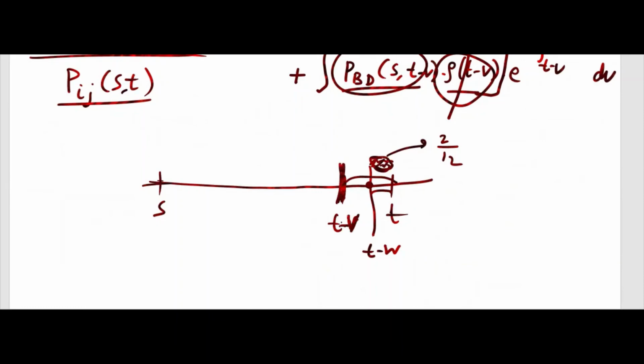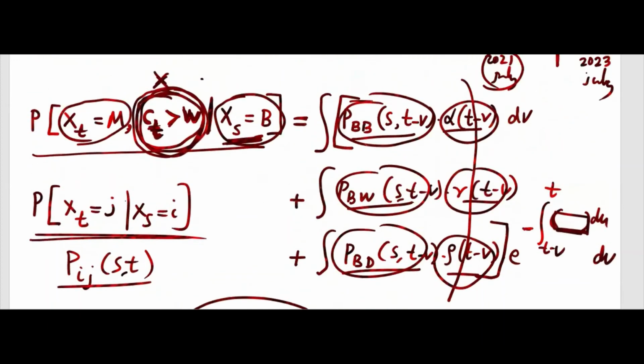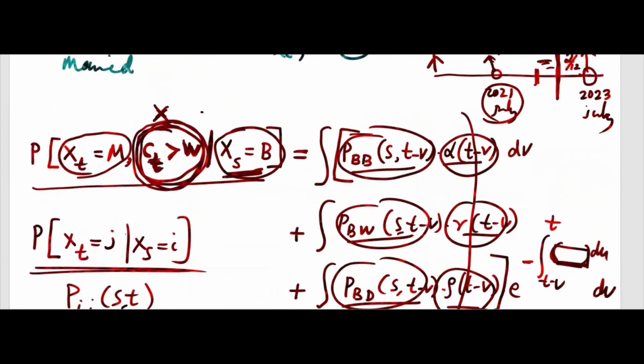The one value of V is equal to W. In that case, they will match. This time and this time will match. So that way you form an equation, this to this, and then this one. So to make sure that this one is satisfied, you have to change the equation a bit.